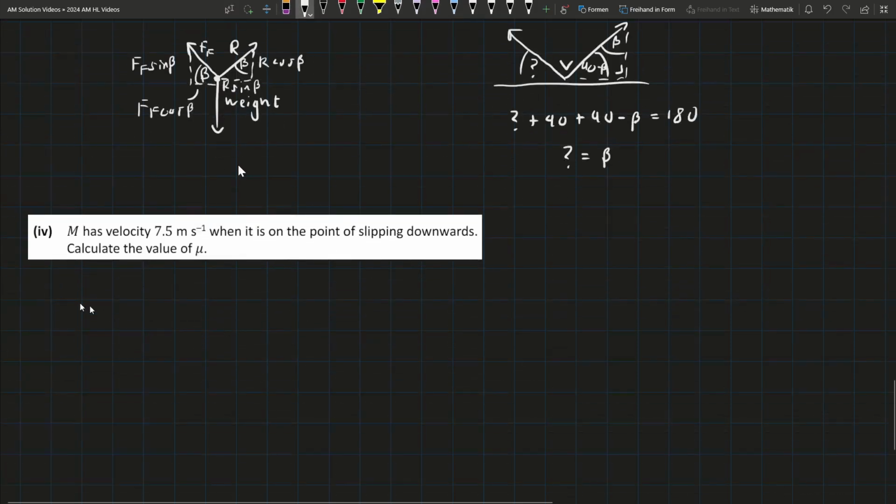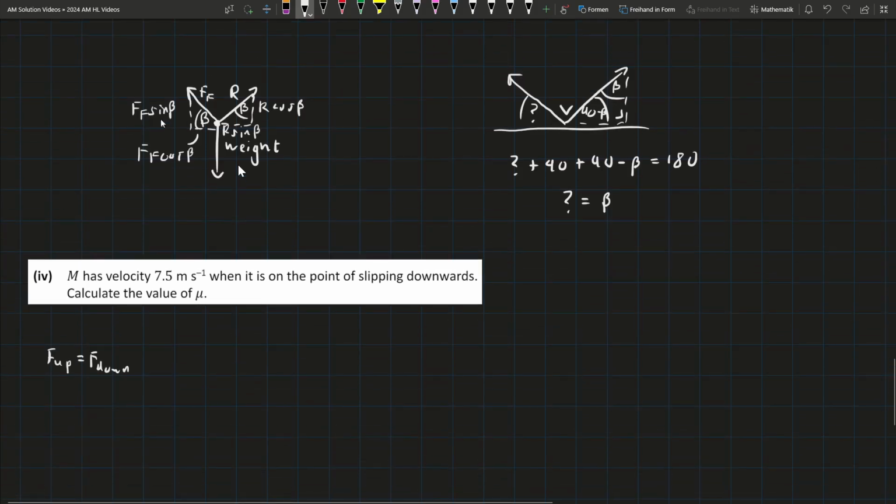As always, force up equals force down. So we have, okay, lots of forces going on now. We have the force of friction times sine of beta plus the reaction force times the cos of beta equal to the weight, which is mg.